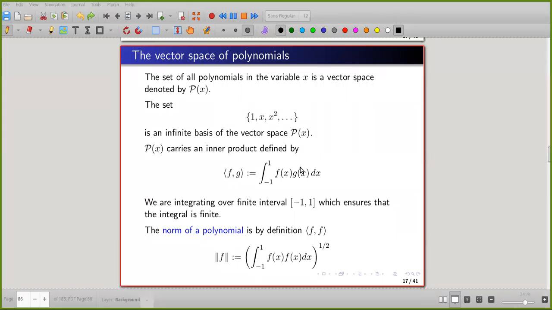If you integrate x squared from 0 to infinity, the area under the graph is infinite. So in the case of polynomials, you can integrate on any compact set, any interval of the type [a, b]. But right now, for our purpose, we want to integrate from -1 to 1.